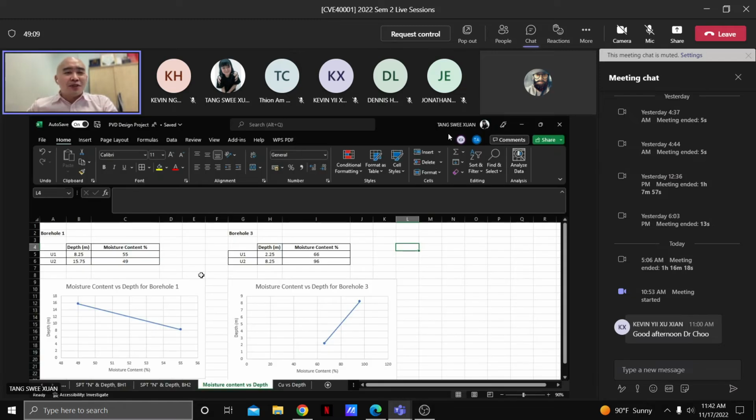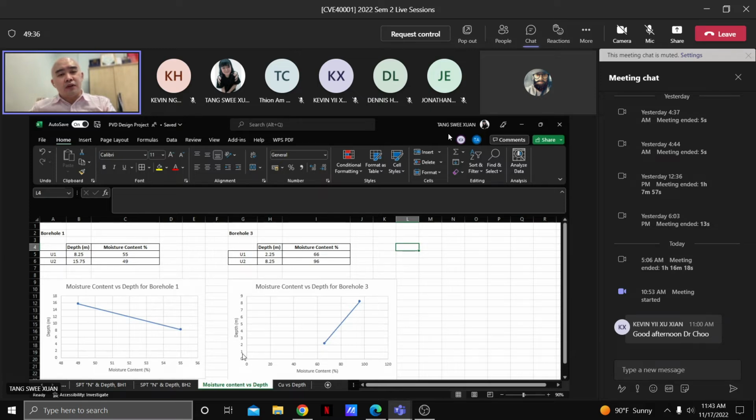Well, I mean, the plots are not correct because depth should always be vertically downwards. From 0 at the top, and it increases downwards.